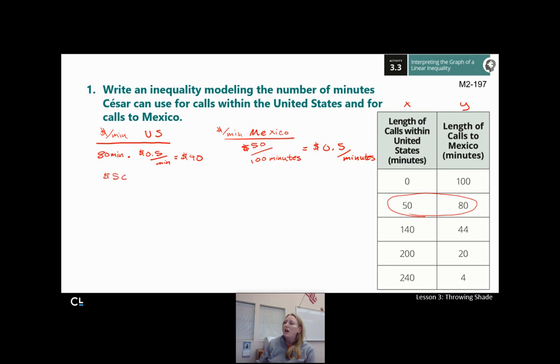Well, it's only a $50 gift card, so if I subtract out the $40, that only leaves $10. So $10 got in 50 minutes worth of phone calls in the US. If we do 10 divided by 50, it looks like when he uses his prepaid phone card in the US, it's going to cost him 20 cents per minute, or $0.2 per minute.